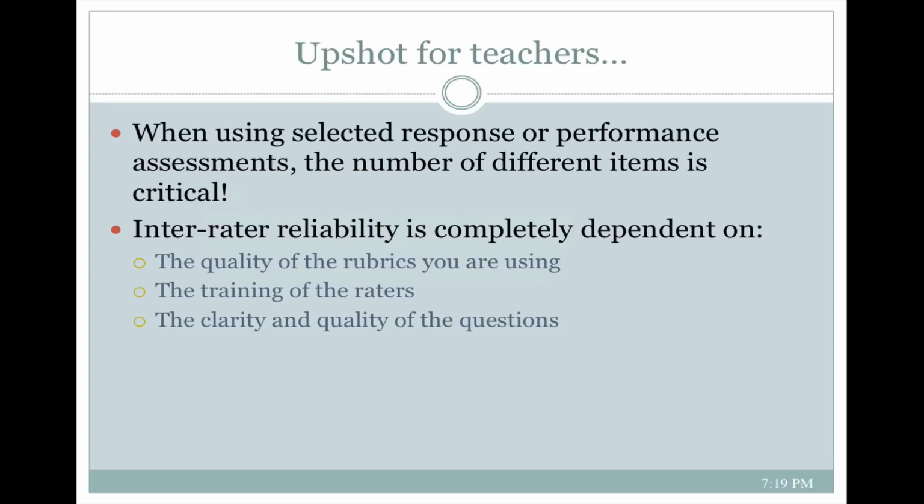So the lower these factors are, or the less reliable these factors are, the less reliable the overall ranking by the rater is going to be. And as a result, the lower the overall reliability estimate for your test.